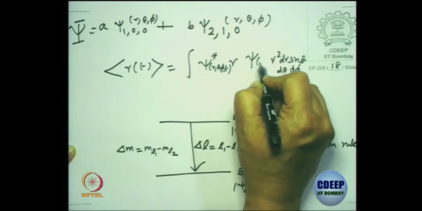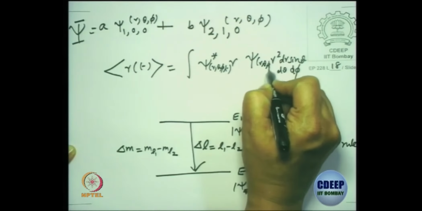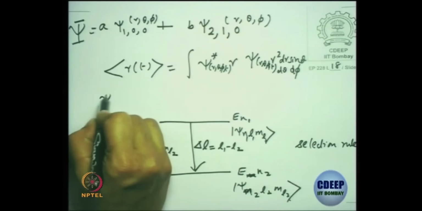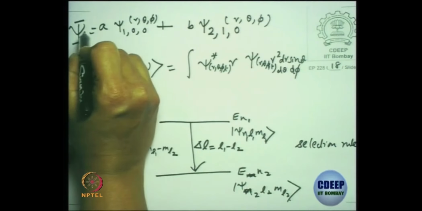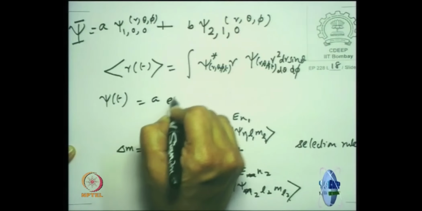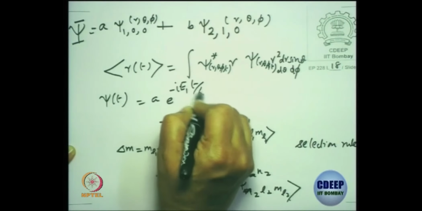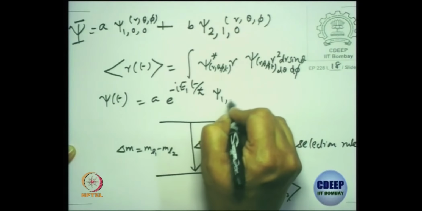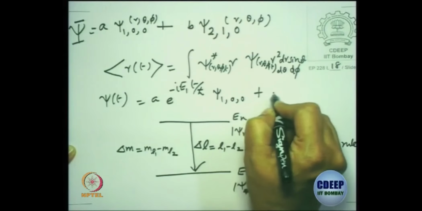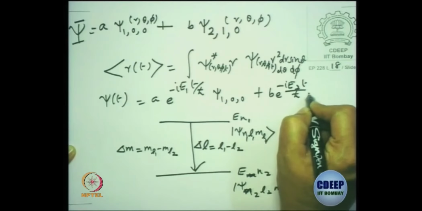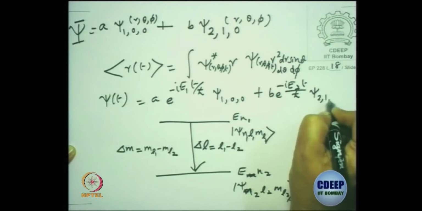What do you have to do there? You have to try to write psi at t will be a e power minus i E1 t over h cross psi 1 0 0 plus b e power minus i E2 t over h cross psi 2 1 0. Is that right?